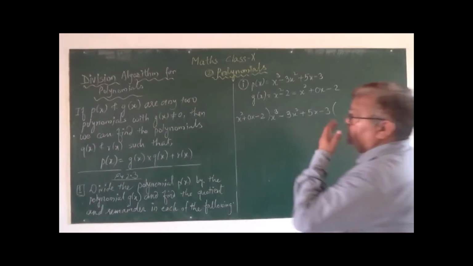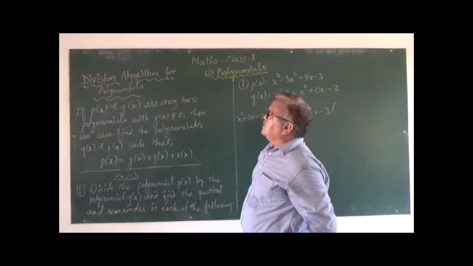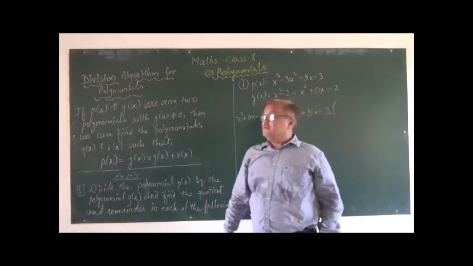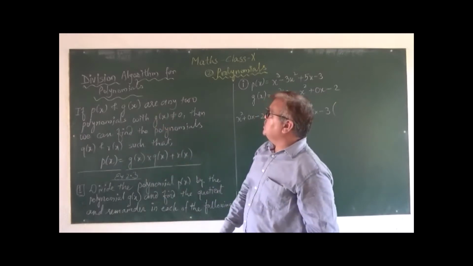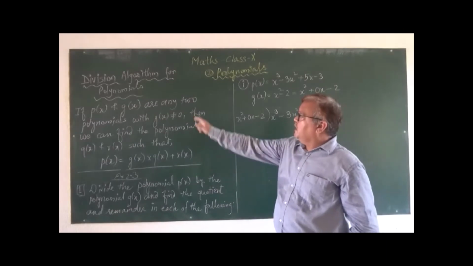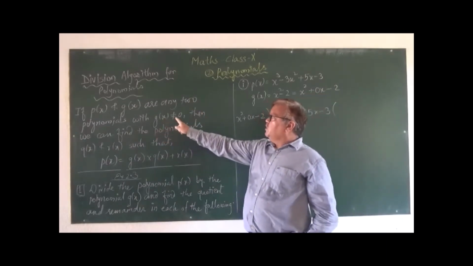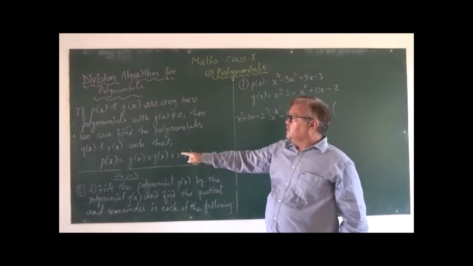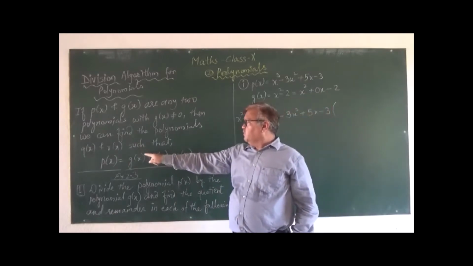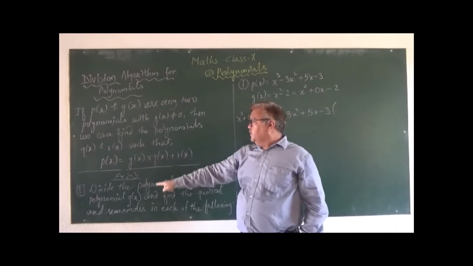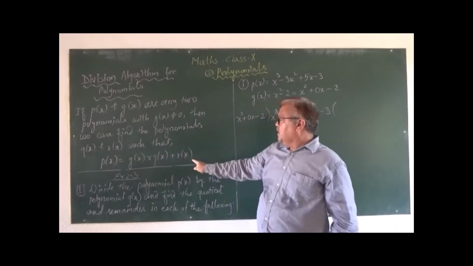Let us see another discussion, another point, division algorithm for polynomials. What is that? If p of x and g of x are any two polynomials with g of x not equal to 0, then we can find the polynomials q of x and r of x such that p of x is equal to g of x into q of x plus r of x.